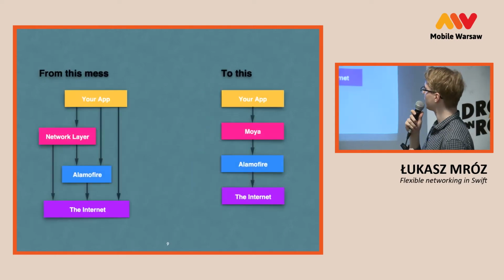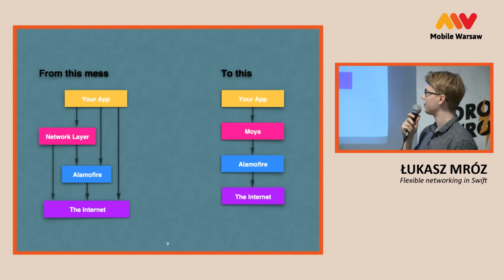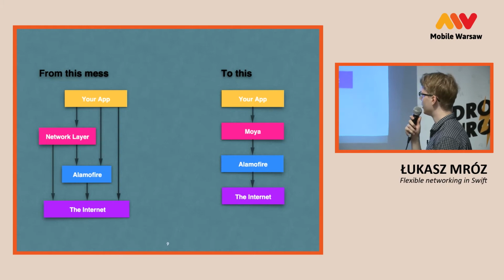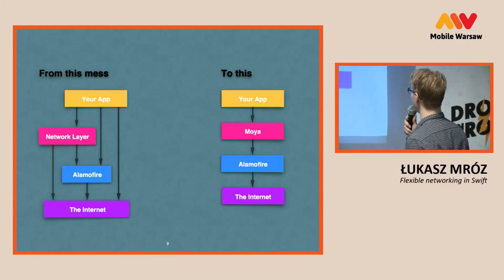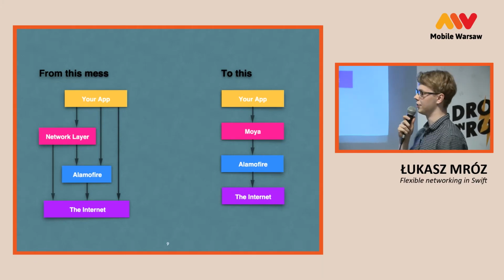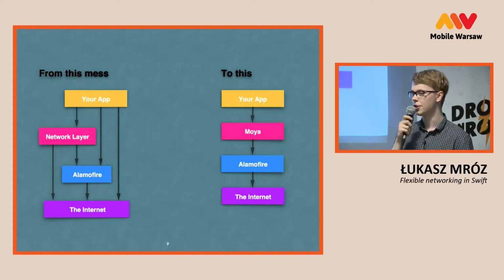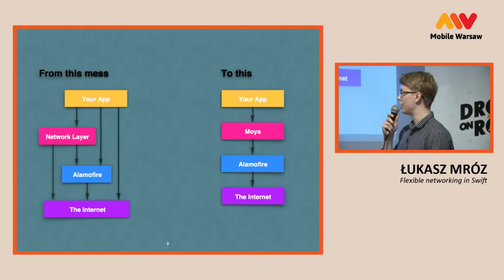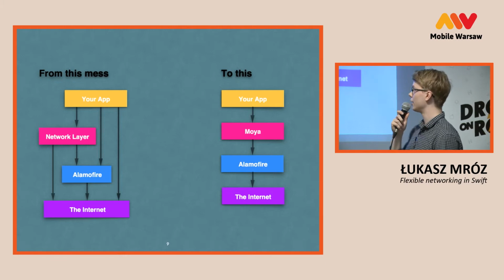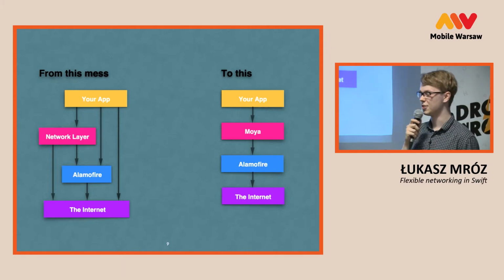What is this Moya thing I'm talking about? If you imagine yourself doing this network layer over and over again, you might see on your left side that you still have access to Alamofire or any other NSURLSession and so on. So even though you're creating an abstraction layer over Alamofire, you still have access to Alamofire, which is not so cool.